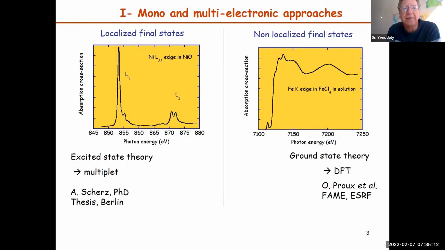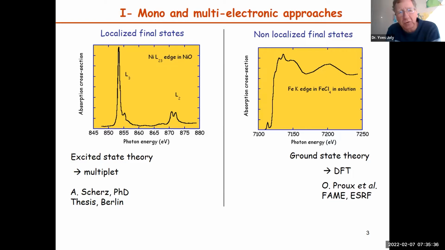In fact, there are two cases, depending on what is probed by the photoelectrons. First case, typically at the L2-3 edge of the transition elements, of the 3D elements, you probe, in fact, a localized state, for example, a 3D state.